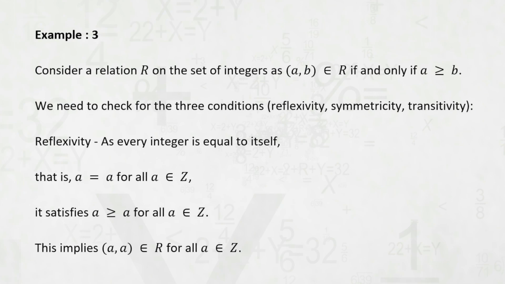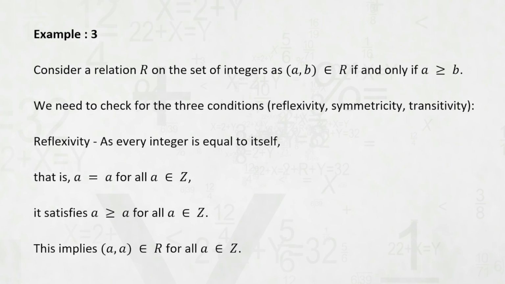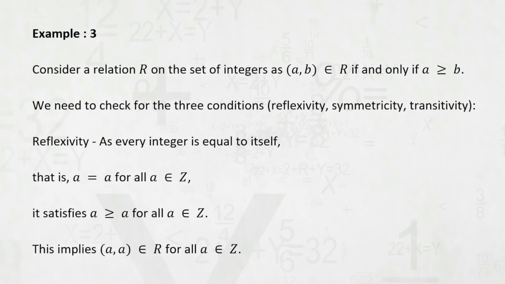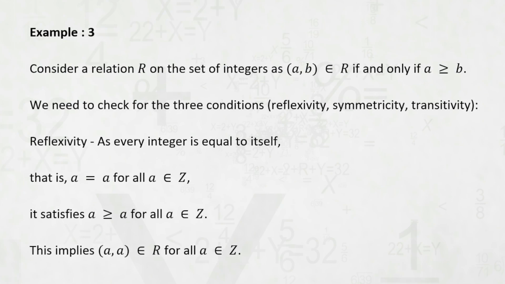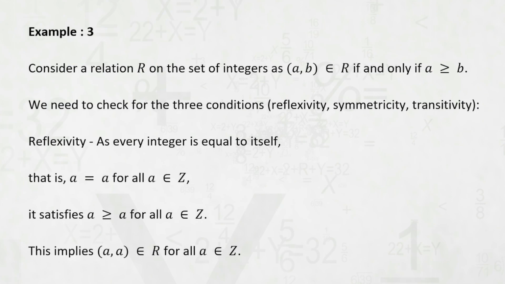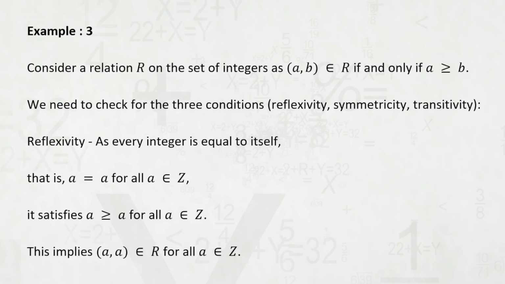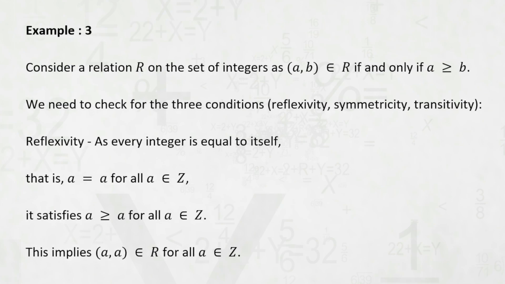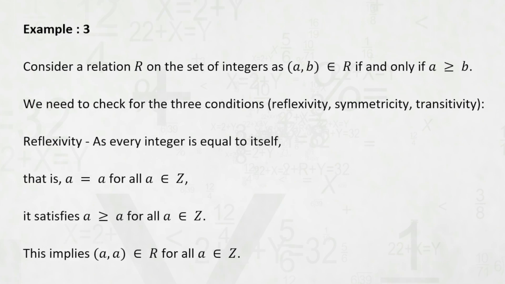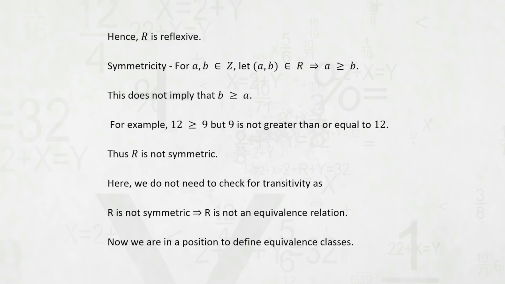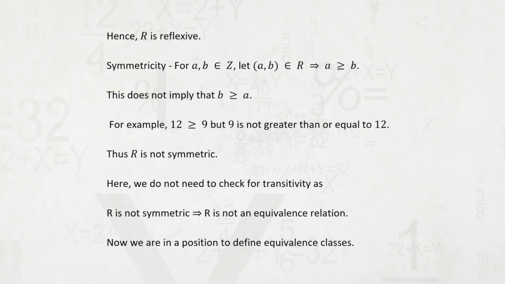Reflexivity: every integer is equal to itself, that is a is equal to a for all a belonging to Z, so it satisfies a greater than or equal to a for all a belonging to Z. This implies the ordered pair (a, a) belongs to R for all a belonging to Z. Hence, R is reflexive.